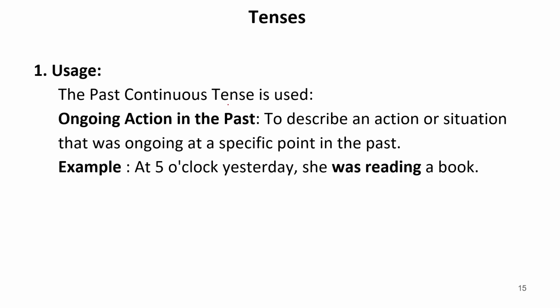The past continuous tense is used to show ongoing action in the past. For example, to describe an action or situation that was ongoing at a specific point in the past. At 5 o'clock yesterday, it means I'm talking about 5 o'clock, that was yesterday. She was reading a book. It means this action was going on but in the past.